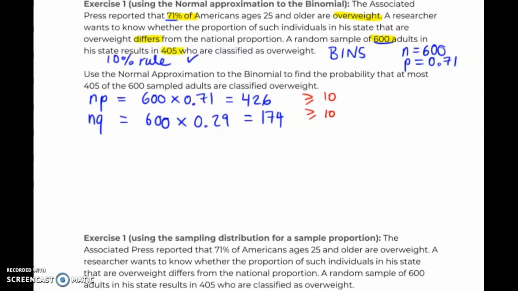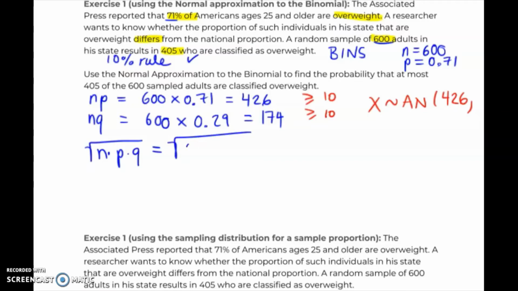So yes, we can say X follows an approximately normal distribution with the mean equal to 426, which is n times p, and our standard deviation is the square root of n times p times q, which is the square root of 600 times 0.71 times 0.29, and that's equal to 11.11.